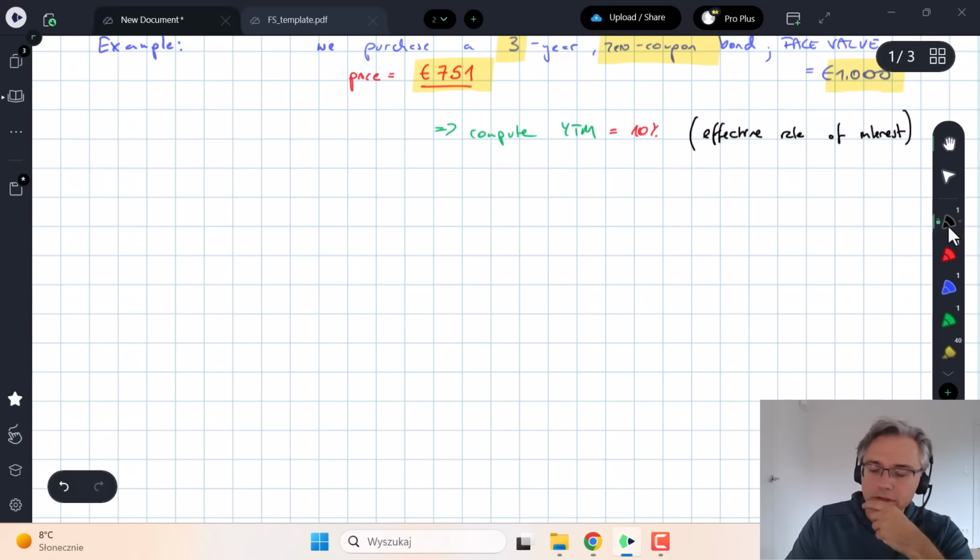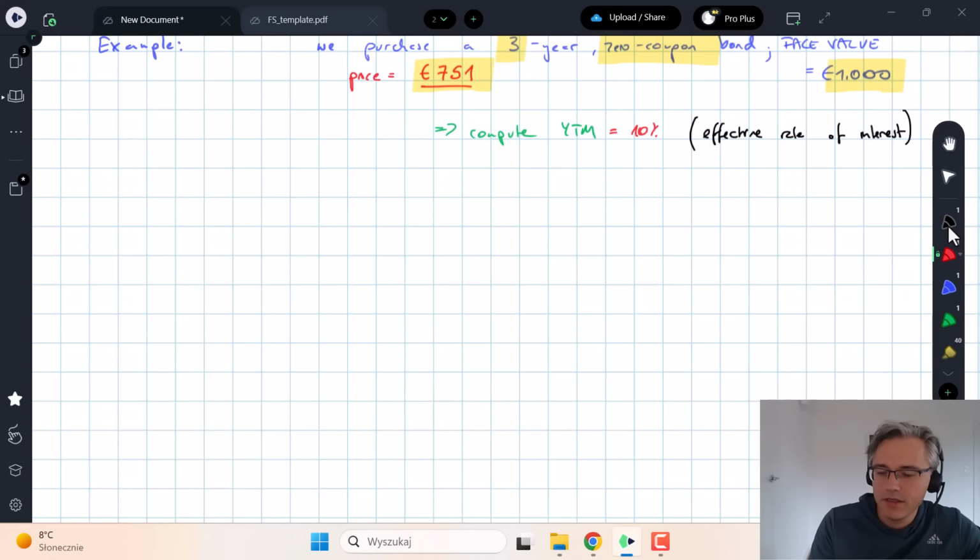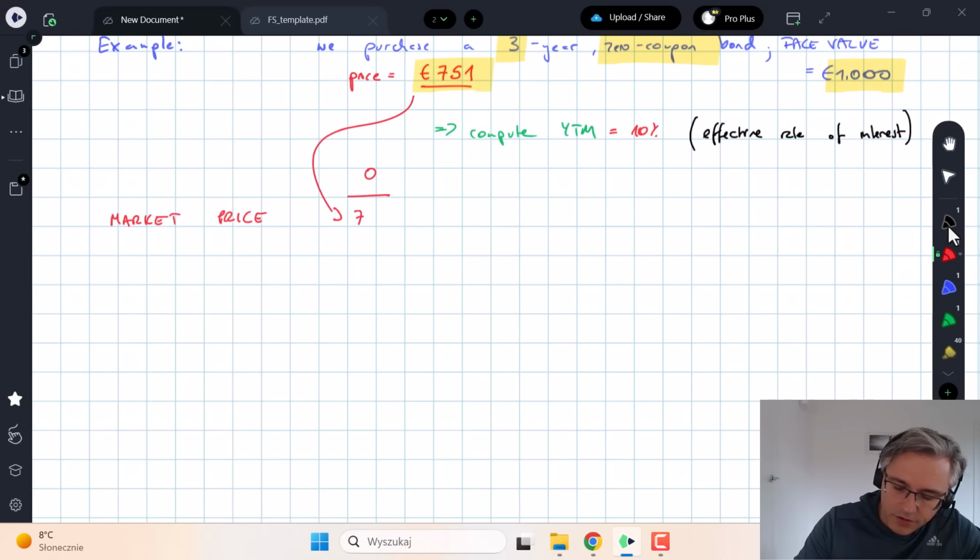Right, let's also now assume that although we've got the price, the market price at the very outset when the instrument is purchased, that market price will evolve over time. So at time 0, that's the date of purchase, it is indeed 751, but let's speculate about what can happen subsequently.